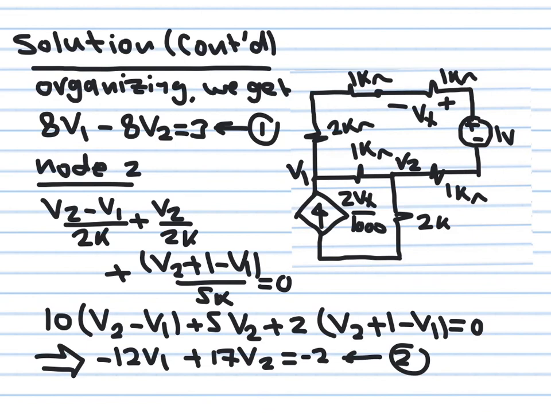Now I come to node number 2. The sum of all currents flowing out from node 2 is equal to 0. This one is V2 over 2K. This one is (V2 minus V1) over 1K.